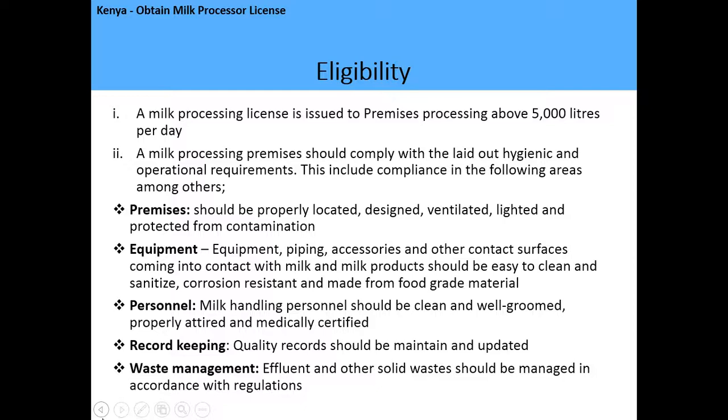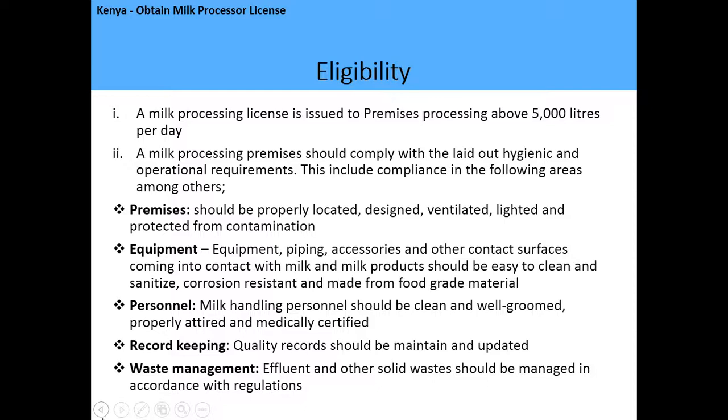A milk processing premises should comply with the laid out hygienic and operational requirements. These include compliance in the following areas among others. 1. The premises. It should be properly located, designed, ventilated, lighted, and protected from contamination.